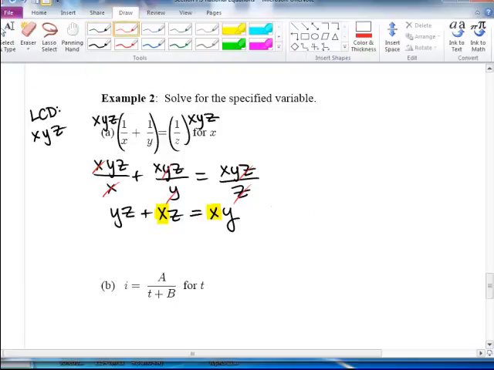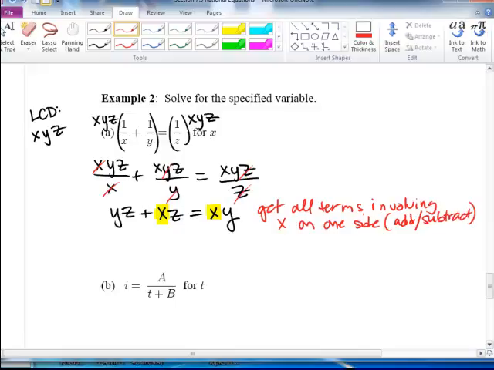Then we want to get all terms involving the specified variable, in this case x, on one side by addition or subtraction. So let's subtract xz from both sides. Doing that, we'll have yz equals xy minus xz. Now at least we've got both of these x expressions on one side.